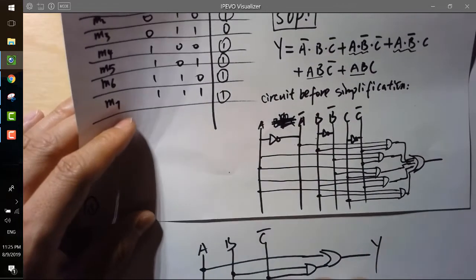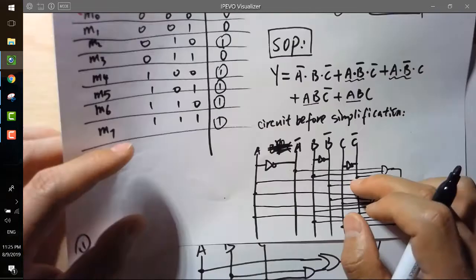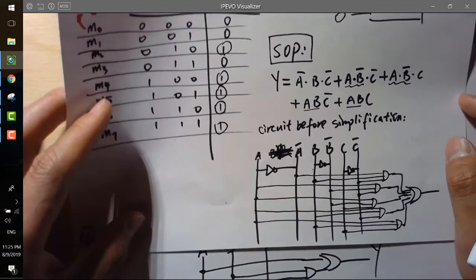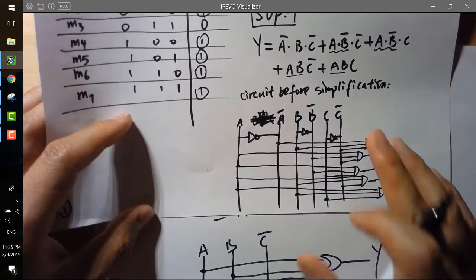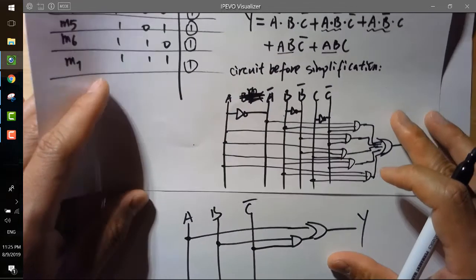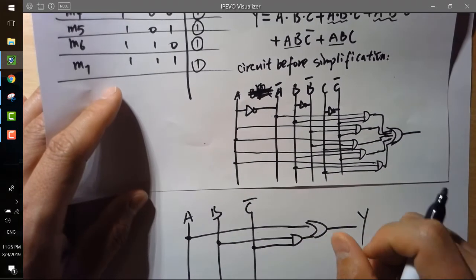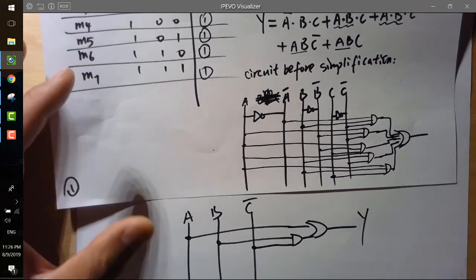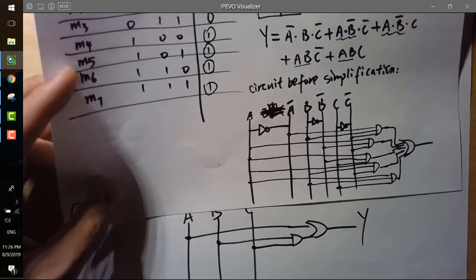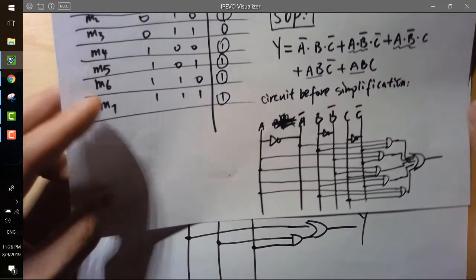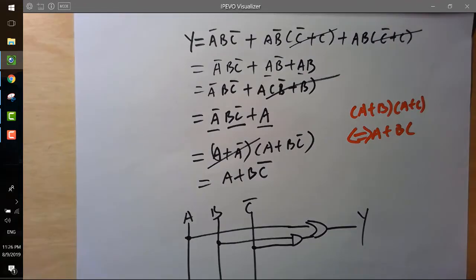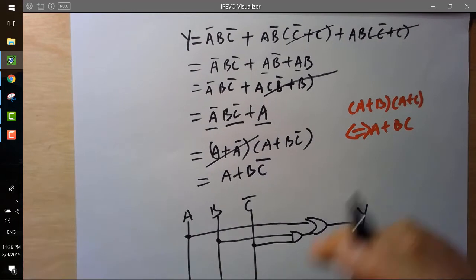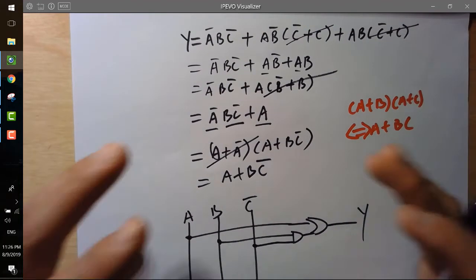So you can actually simplify the circuit a lot by using Boolean algebra. And further, you can reduce the size of the circuit on the integrated circuit chip a lot, so you can integrate more functions. That's why we can have a laptop and smartphone that are tiny in size but can do a lot of things. You can watch videos over there because we can simplify the logic to make it more compact.